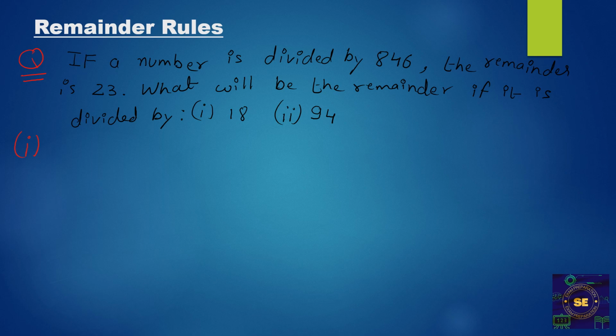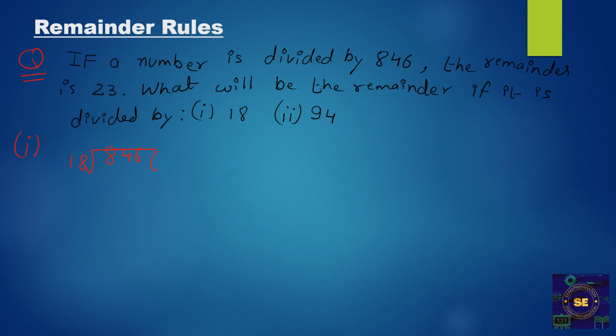To apply rule number 1, what does it say? If a number is divided by two different divisors and the greater divisor is a multiple of the smaller divisor. To apply it, we have to check the condition that the greater divisor is a multiple of the smaller divisor. How will we check? We will simply divide 846 by 18.